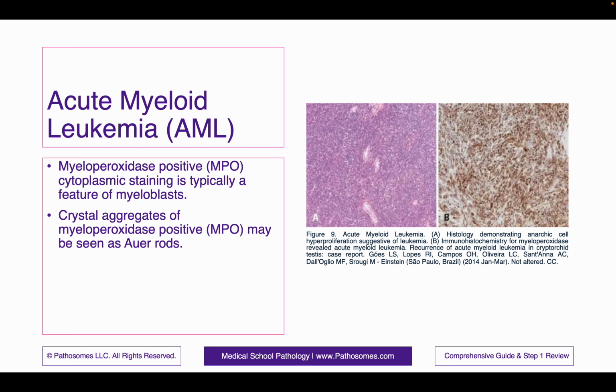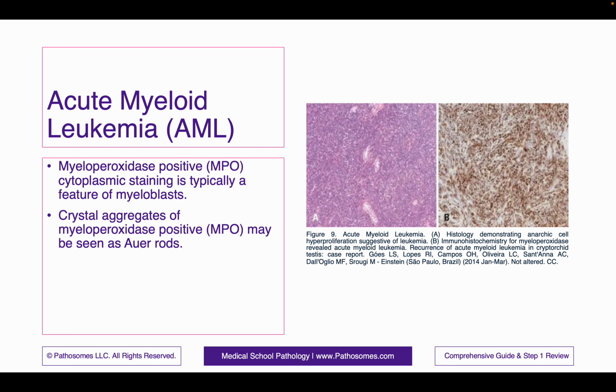Regarding acute myeloid leukemia, myeloperoxidase positivity, also known as MPO positivity, myeloperoxidase positive cytoplasmic staining is typically a feature of myeloblasts. You'll see these crystal aggregates of myeloperoxidase positive cells, which may be seen as Auer rods.